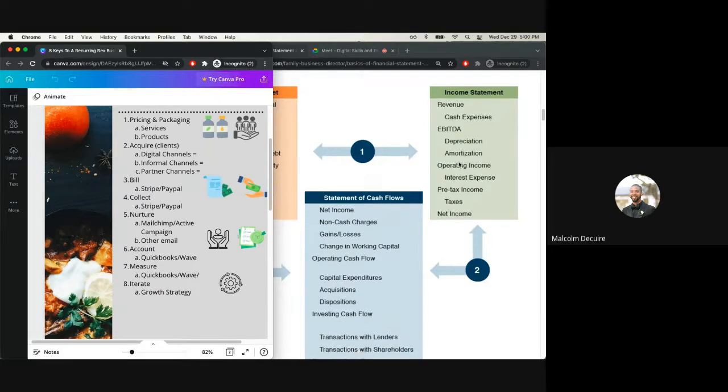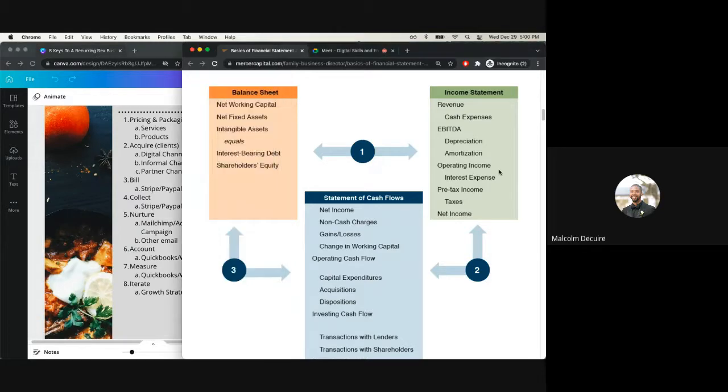Then, as Satoshi's selling these hoodies online, he's going to be billing and collecting through platforms like PayPal or Stripe. And these tools are going to map to his bank account, whether it be San Francisco Credit Union or a Chase account, whatever it may be. And as he's mapping those activities to his account, he's going to have those tools feed into an accounting system.